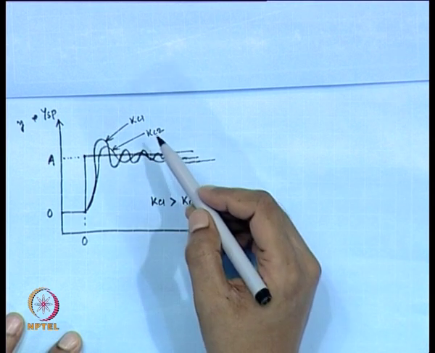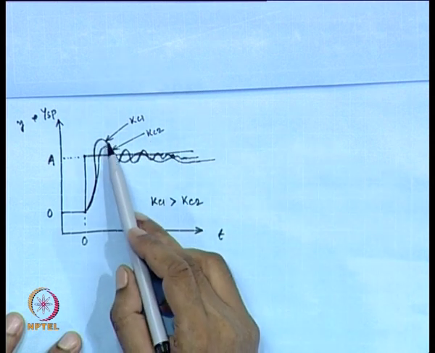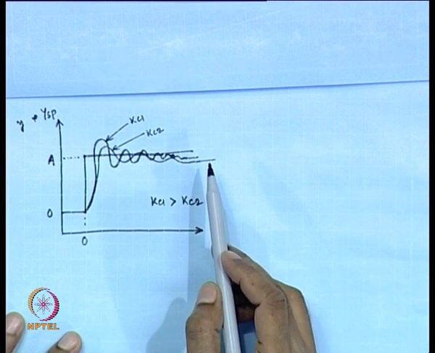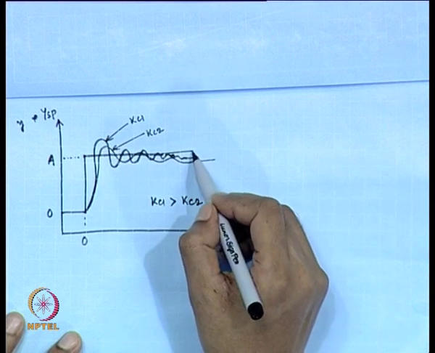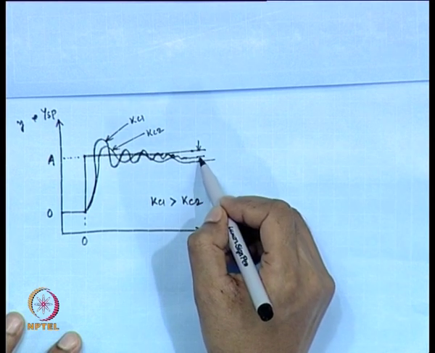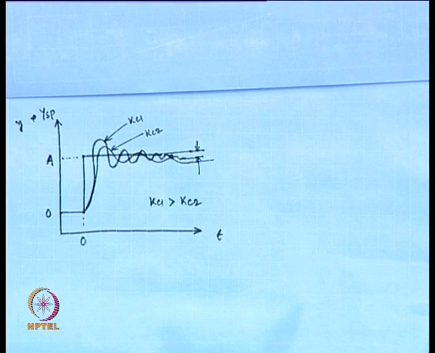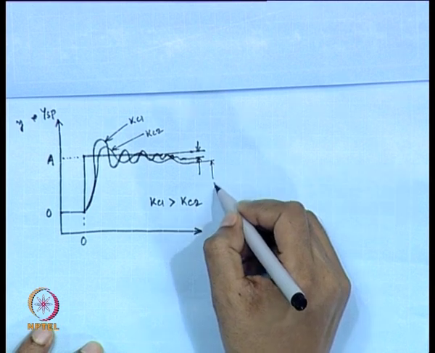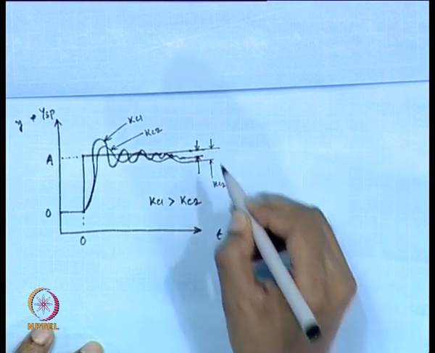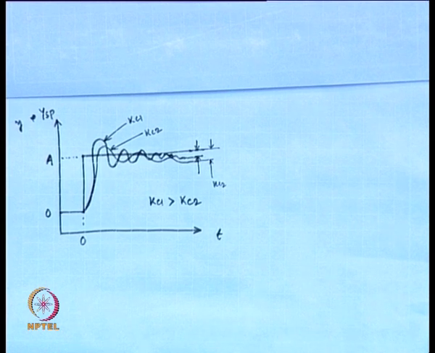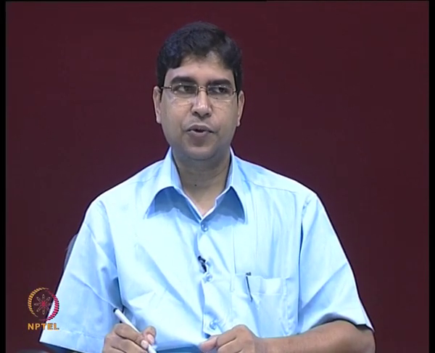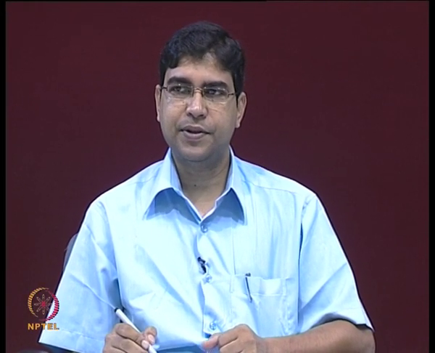So, for the large Kc, that is Kc1, we obtain a more oscillatory response, and for large Kc, the offset is relatively small. This is for the case of Kc2, where the offset is large for small Kc. So, the above 2 points are taken into account in the development of this closed loop response.